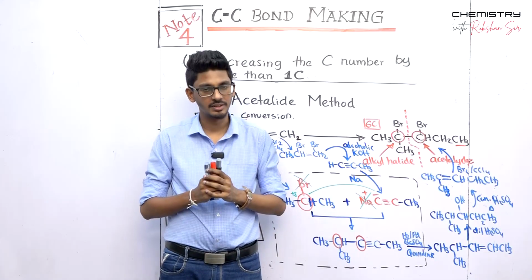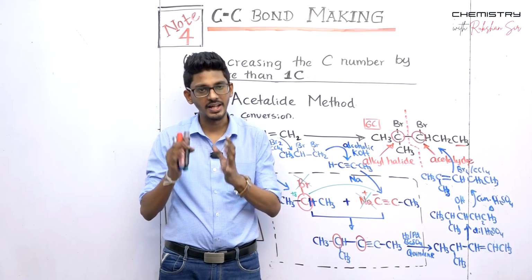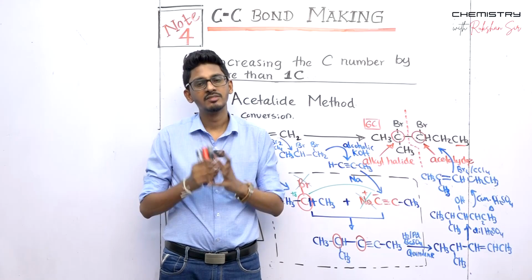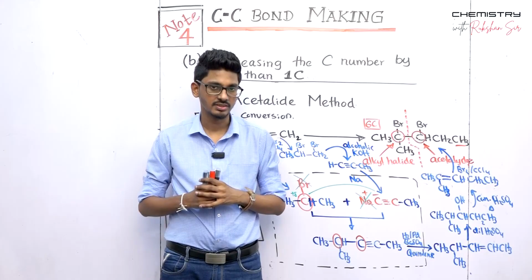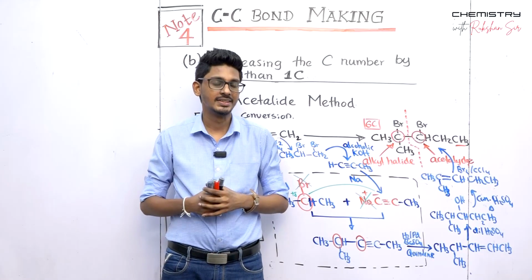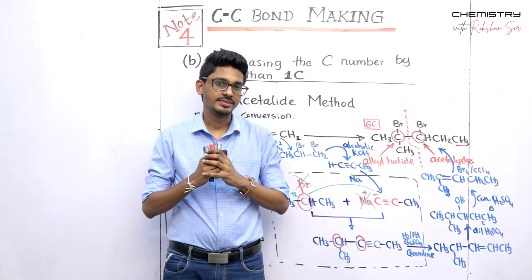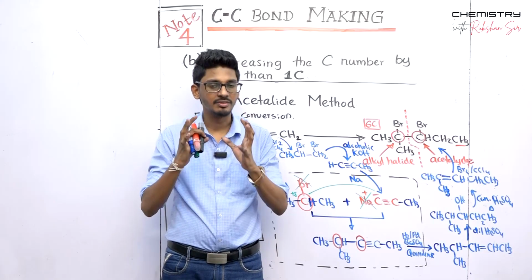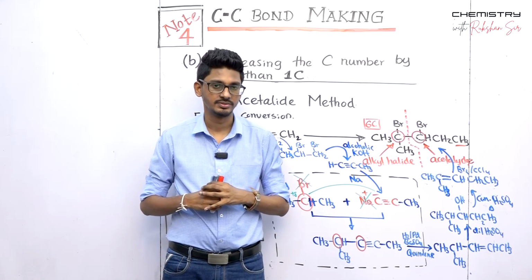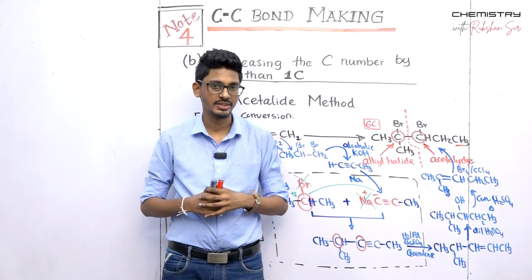Do them with Grignard. After that, choose and identify the conversions which can be done by the acetylide technique, and then solve them using that technique. That is also a skill to develop.